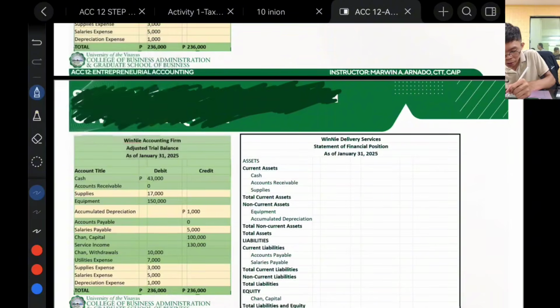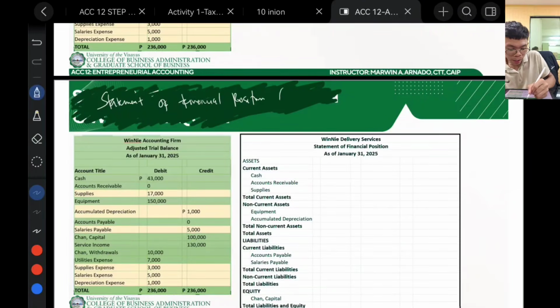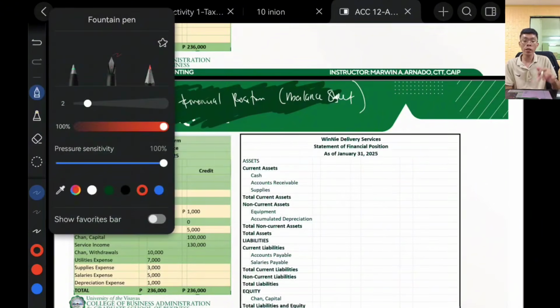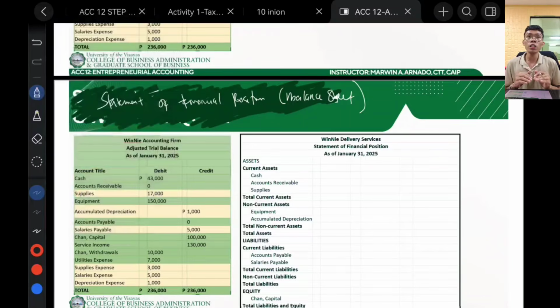Okay, so we have your statement of financial position, also known as our balance sheet. As I have mentioned earlier, the balance sheet is composed of your assets, your liabilities, and equity.